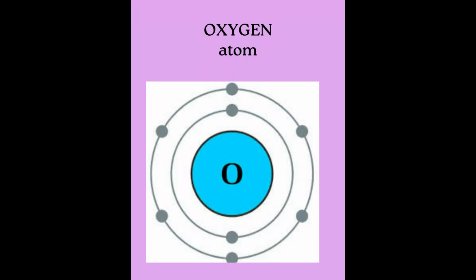Now let's check the second example, that is oxygen. Oxygen's atomic number is 8. So its electronic configuration is 2 in the first orbit and 6 electrons in the outermost orbit. So oxygen is short of 2 electrons here.